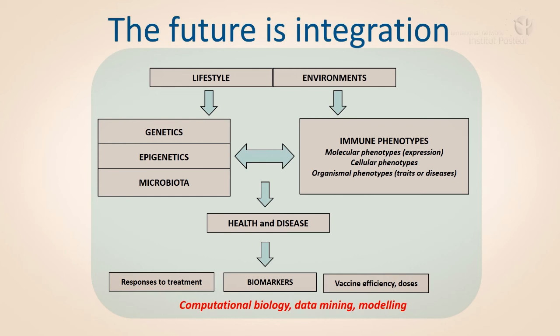We need to much better understand the degree of variability in immune responses between individuals and different populations in terms of gene expression related to immunity, in terms of heterogeneity in cell populations, even in terms of correlating genetics, epigenetics, and microbiota to ultimate organismal phenotypes, such as susceptibility to infection, once infected, susceptibility to develop a disease, the clinical outcome of the disease, and the responses to treatments or vaccines.